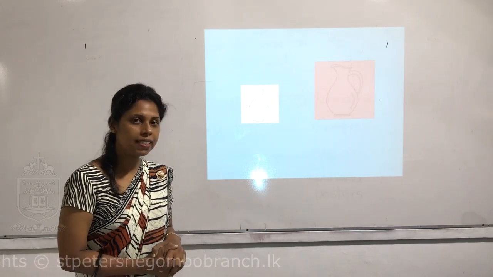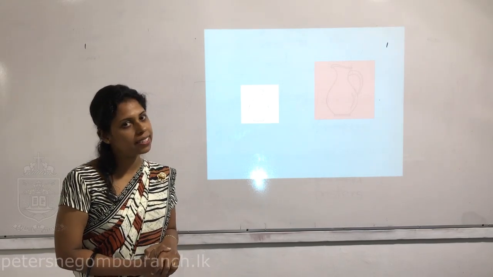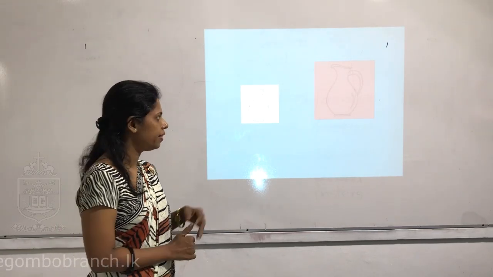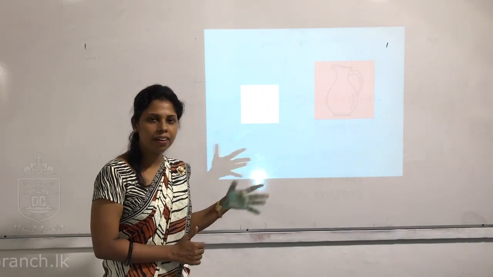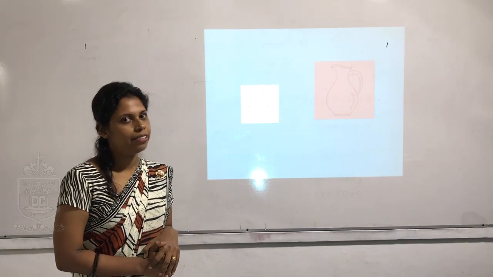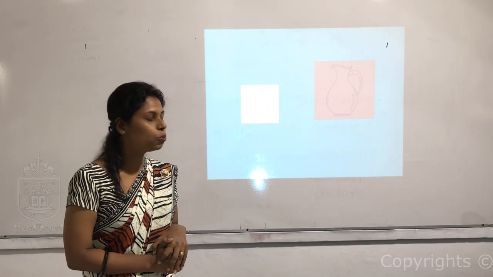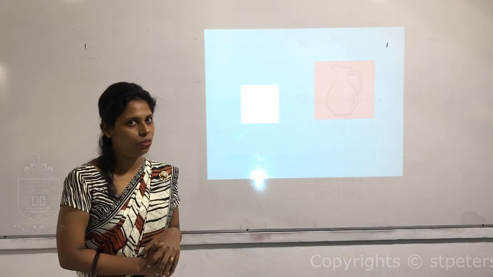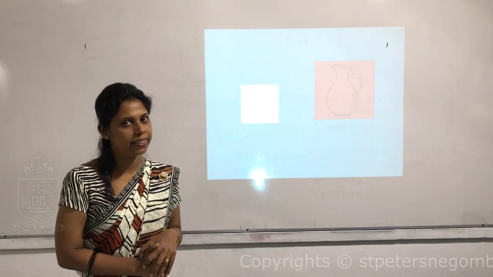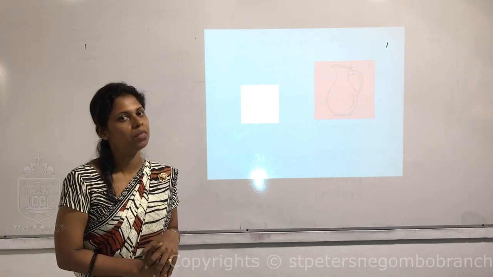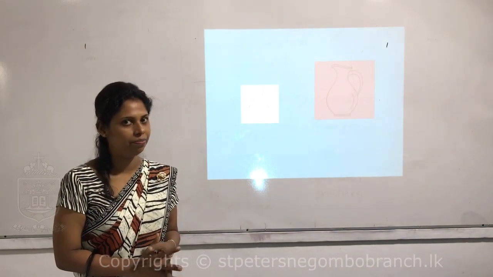They have the same shape, but the size is different. One is small and the other one is big. So, according to the size of these two vessels, you can tell the big vessel can hold more liquid.